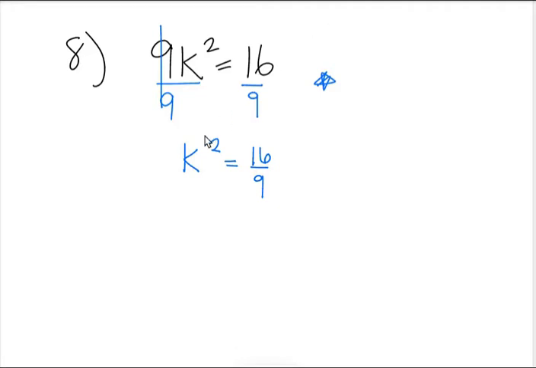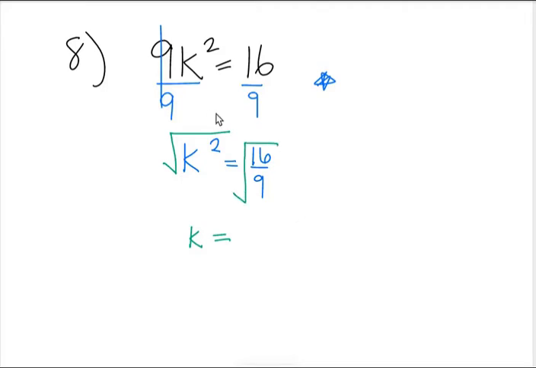So now I have k squared equals 16/9. Don't worry, right? If I look at my fraction, I can't simplify that. There's nothing I can do, right? If you can simplify it, simplify. But I can't. So I'm not going to stress. I'm going to look at this and say, well, I have k squared here. So I can square root that and get k. Well, if I square root the left, I've got to square root the right.